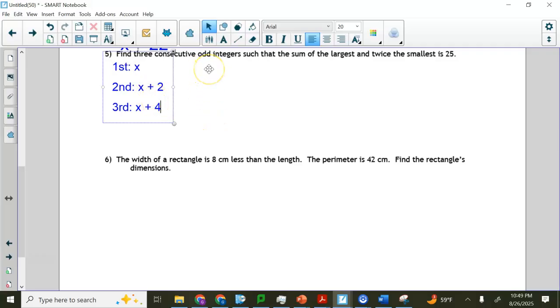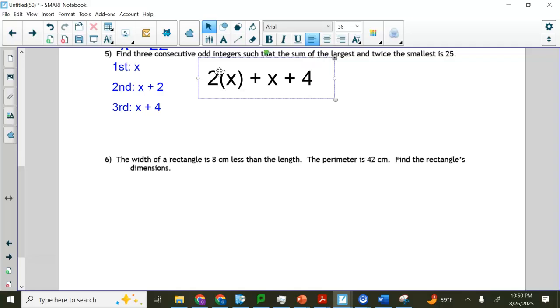All right, so it's giving us a couple equations here. It says the sum of the largest and twice the smallest is 25. So twice the smallest, we're going to take 2 times the smallest, x, and then the sum of the largest. So the largest would have been x plus 4.